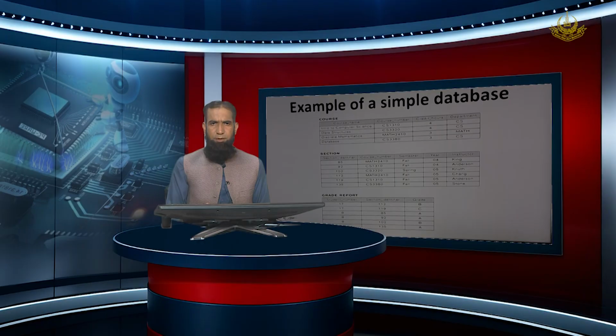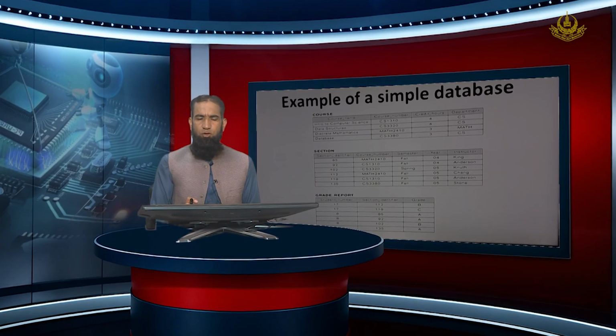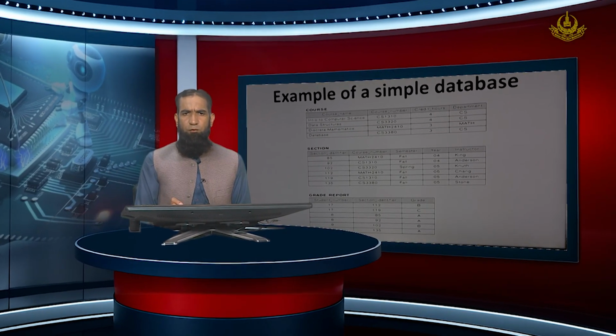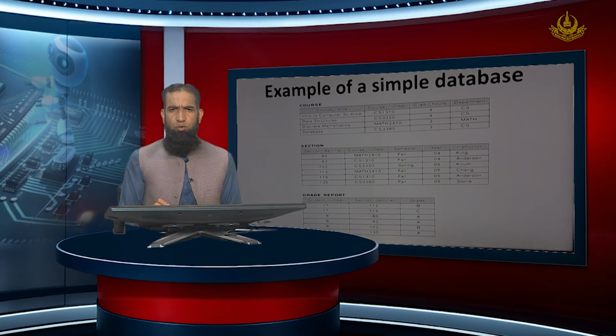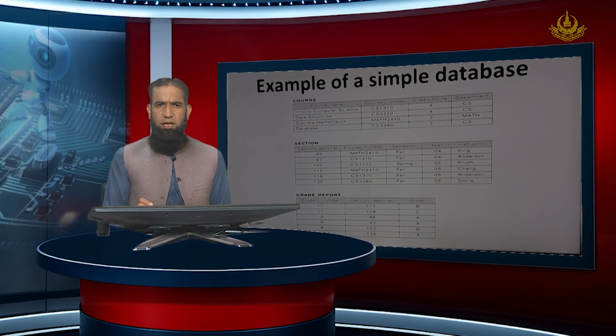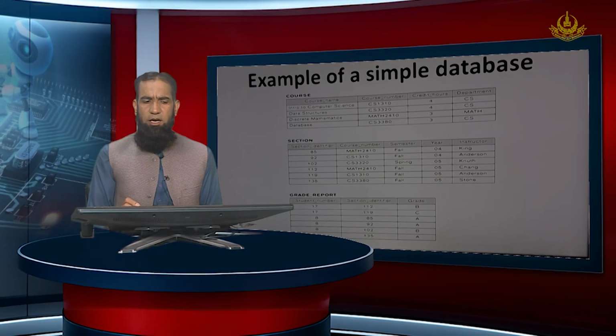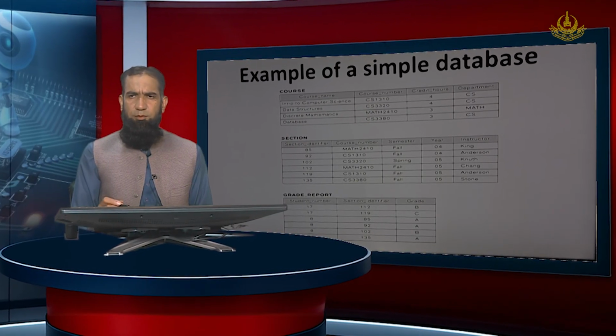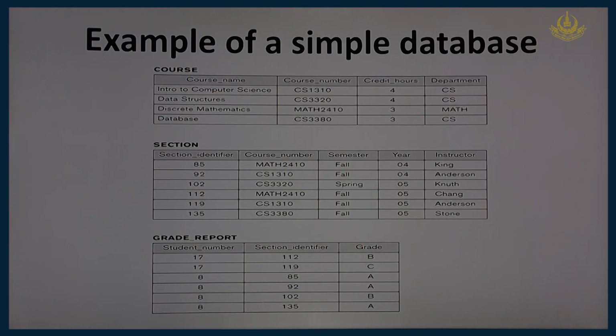Example of a simple database. For example, we are going to present a database relevant to a university. There are multiple students, there are multiple courses, in classes there are sections, there is a grade report. These all are entities or tables. Their attributes are course name, course number, credit hours, departments.